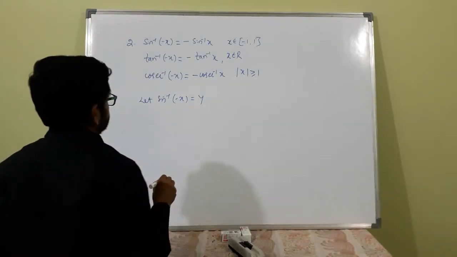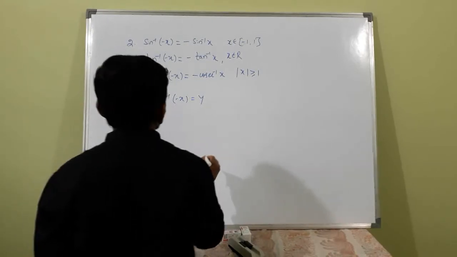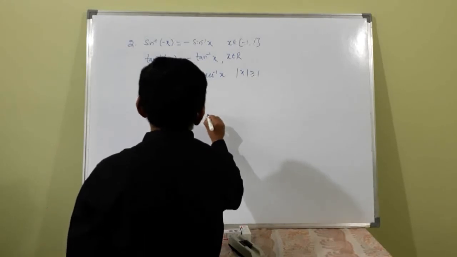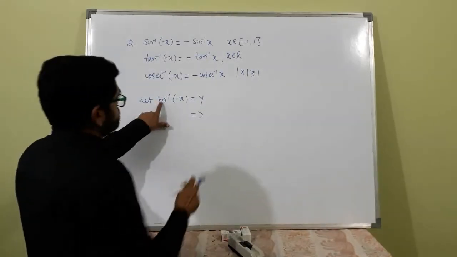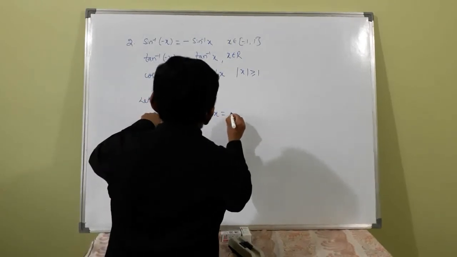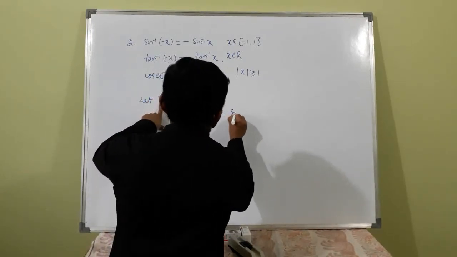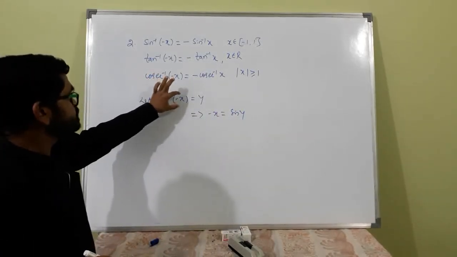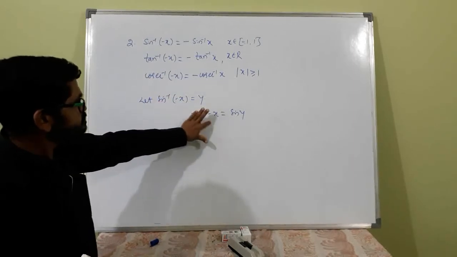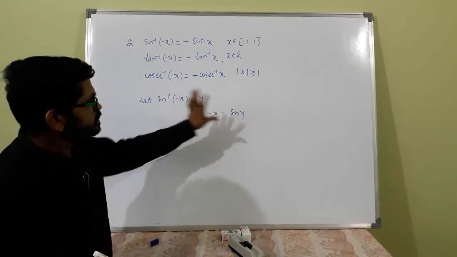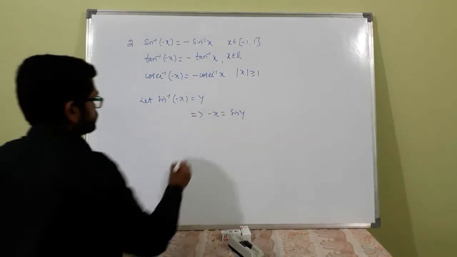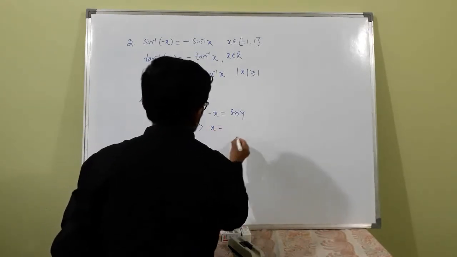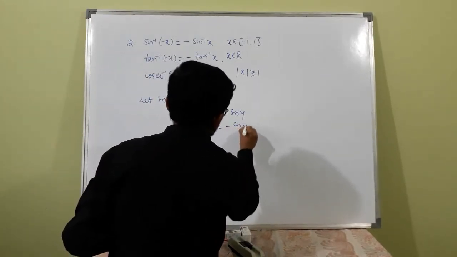Then that implies, if you take sine on both sides, minus x is equal to sine y. Sine of sine inverse gets cancelled, and this becomes sine y. Taking sine on both sides, this implies x is equal to minus sine y.